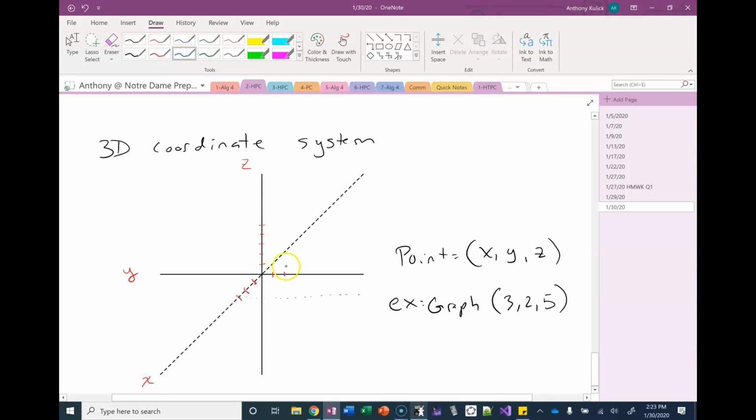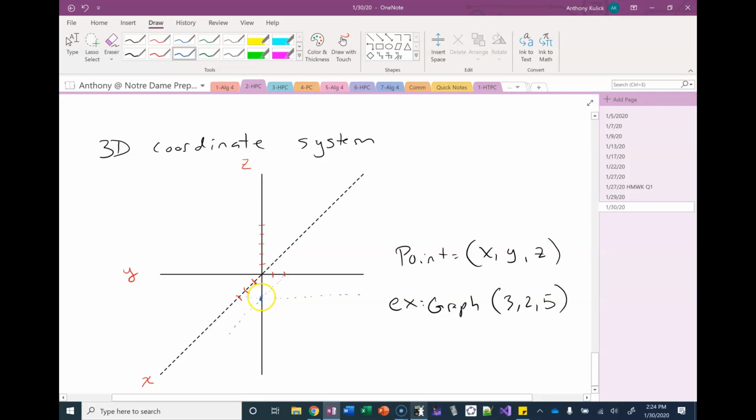And now I'm also going to draw, starting at y equals 2, a dashed line that's parallel to the x-axis. I'm going to make a little point there where they've intersected.